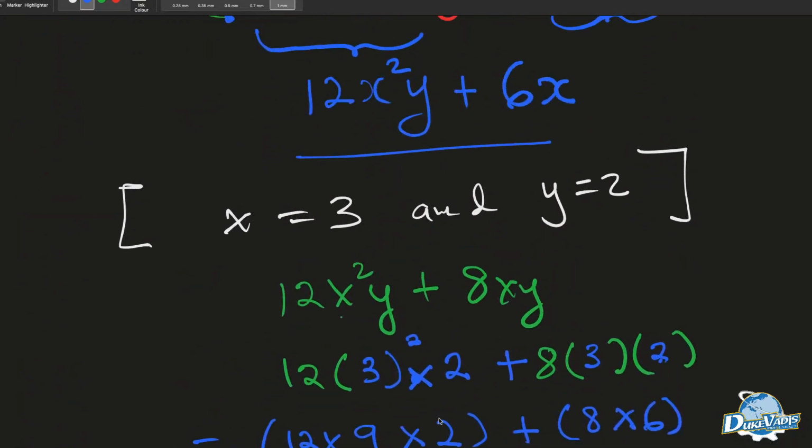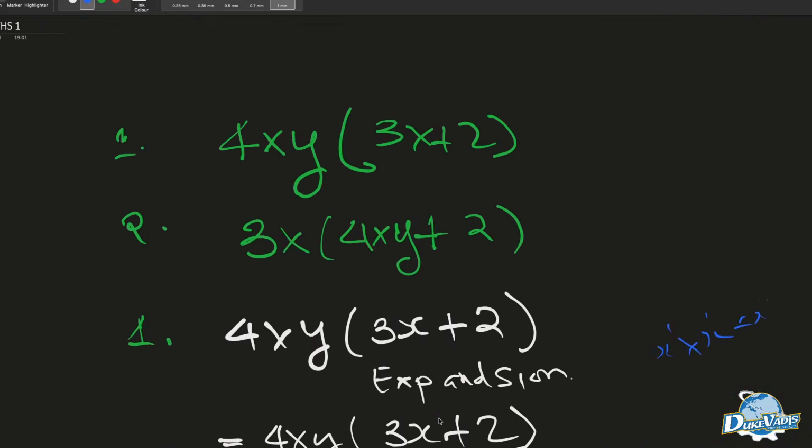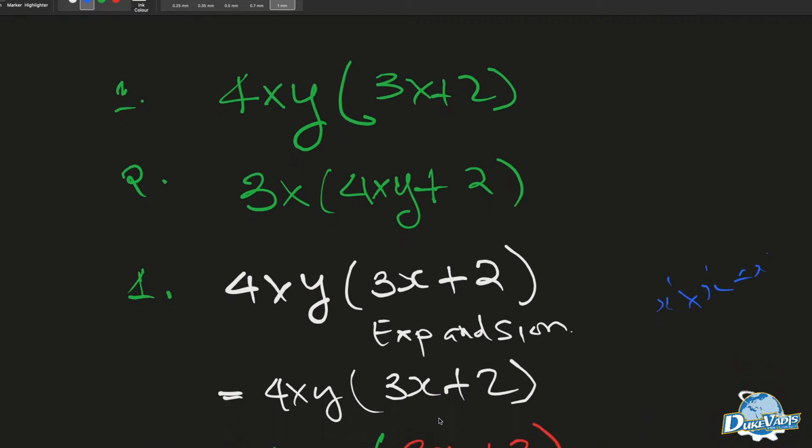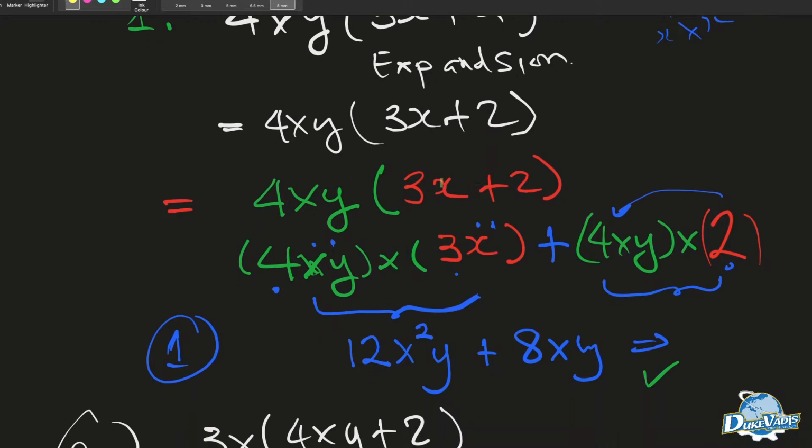So let's look at it very carefully. Let's recap. The questions given were 1 and 2. We should simplify them, and 1 was simplified. We multiplied 4xy by 3x plus 2. So what we did was expansion. So meaning that 4xy multiplying 3x and multiplying 2. So we decided to change the colors. For xy, we decided to make it green, multiplying 3x and multiplying 2.